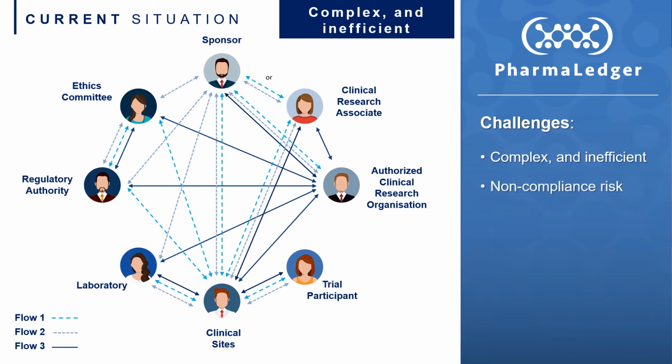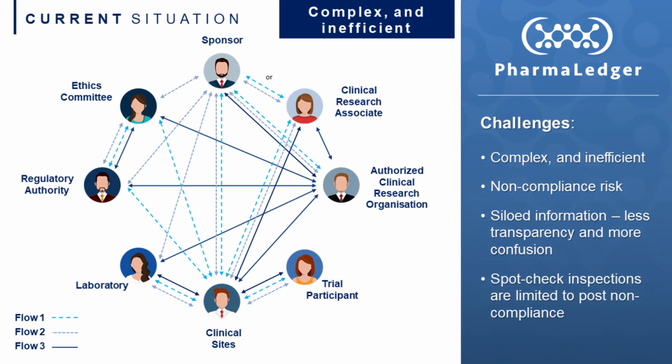Because of our inability to have one unified platform for these process actors to manage trial conduct, we also see that data is siloed, less transparent, and confusing. This unfortunately presents the reality that in today's model, spot check inspections are limited to spot noncompliance. This adds cost and site burden to an already complex process.